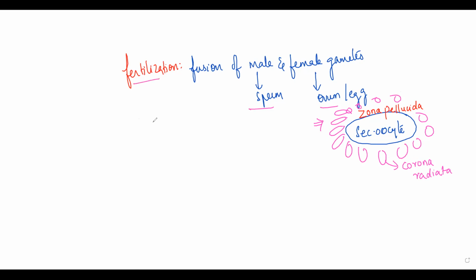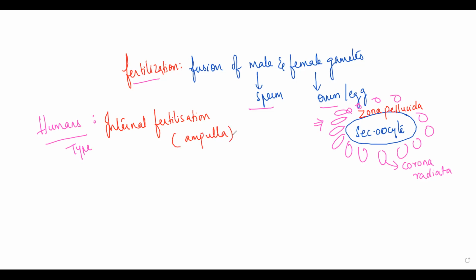Then we will speak about, in humans, it's going to be internal fertilization, right? So in the humans, the type of fertilization is going to be called as the internal fertilization, since this is happening inside the female reproductive tract, that too in the area of the fallopian tubules called as ampulla. So this is an internal fertilization.